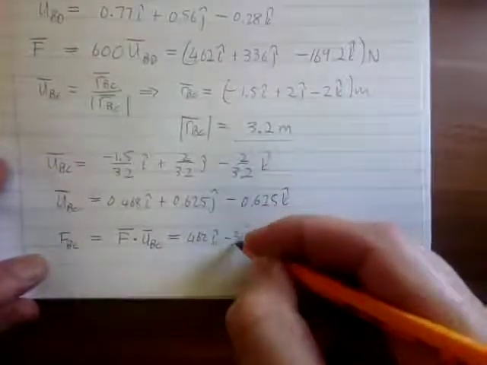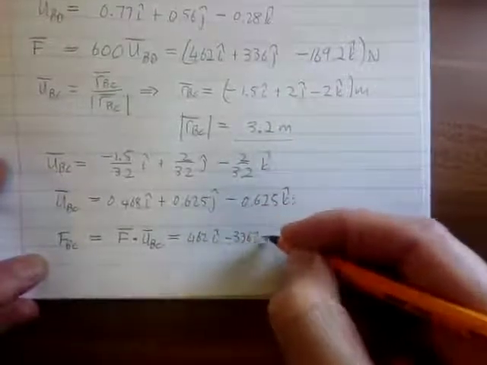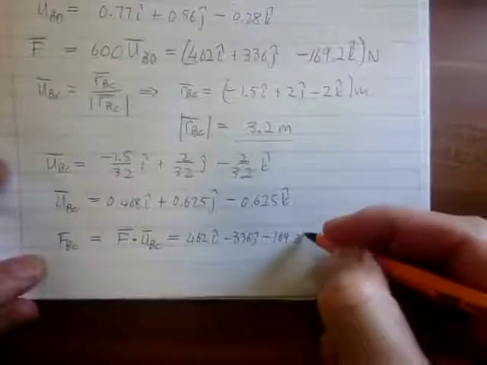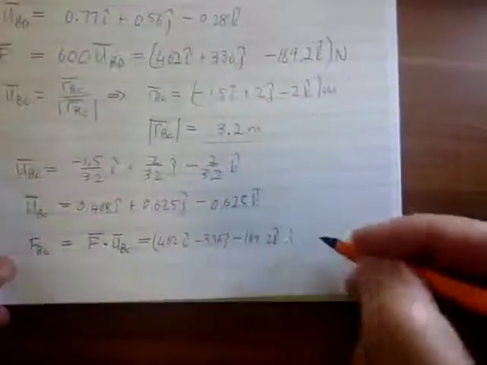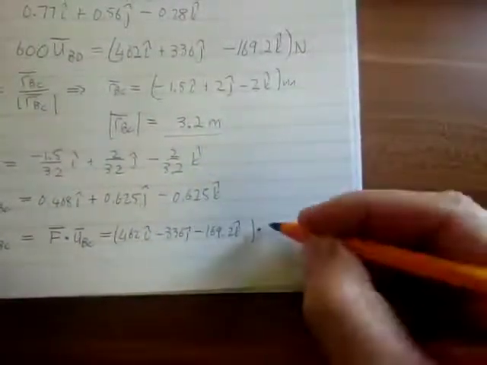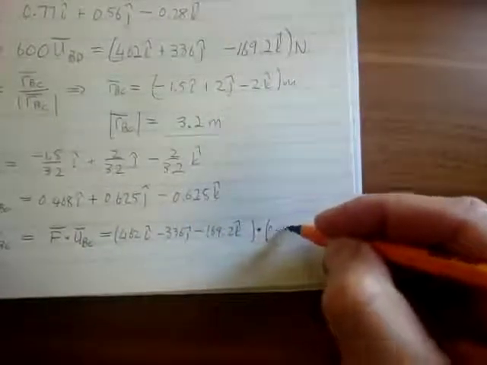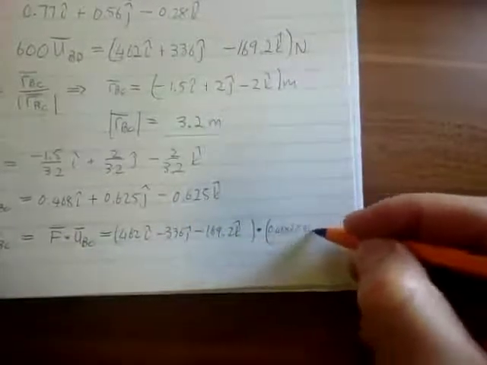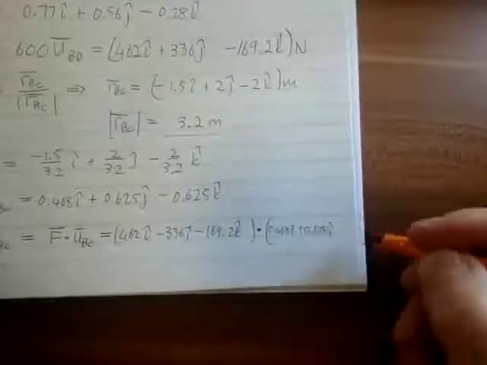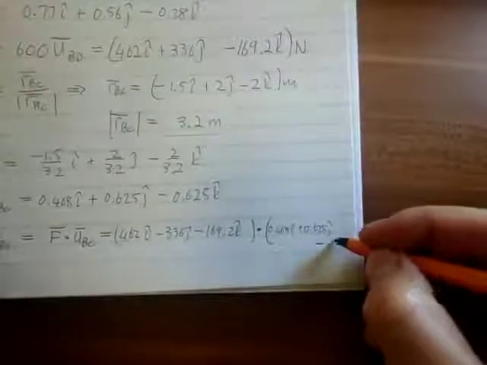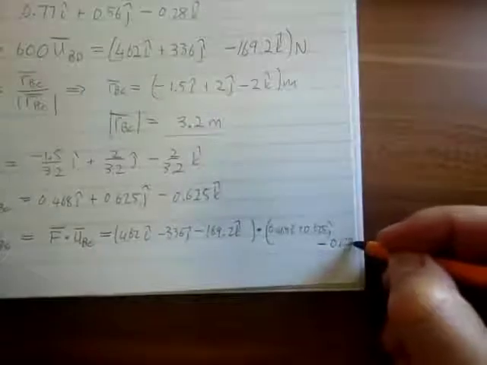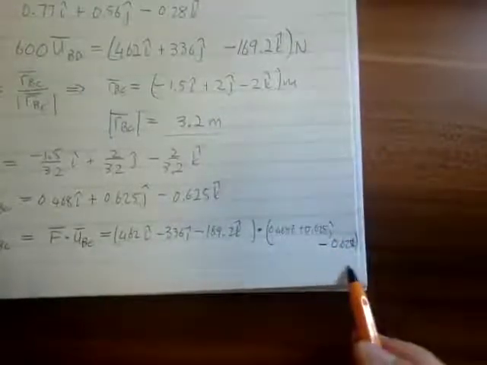And that then equals, I'm going to take this force, 462i minus 336j minus 169.2k, and we are going to dot it with this. I'm going to try to fit it in: 0.468i plus 0.625j, and I'm just going to put down here 0.625k, the dot product.